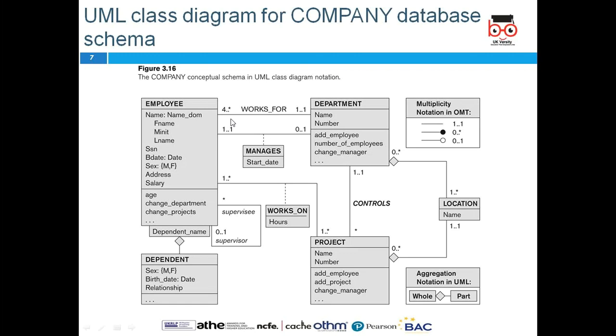Like an employee could be inheriting a dependent, or the department could inherit a particular project of the company. For example, there could be 10 projects under one department.